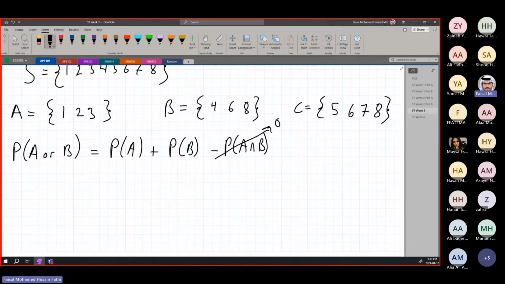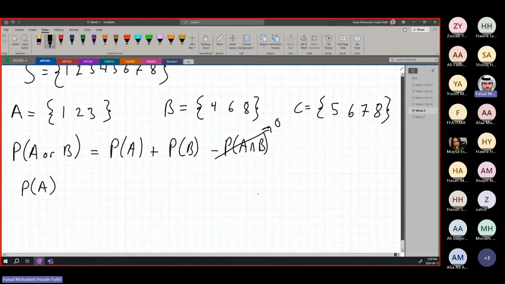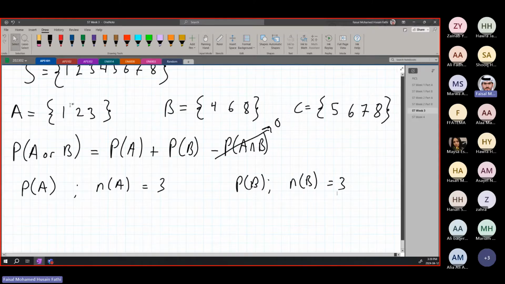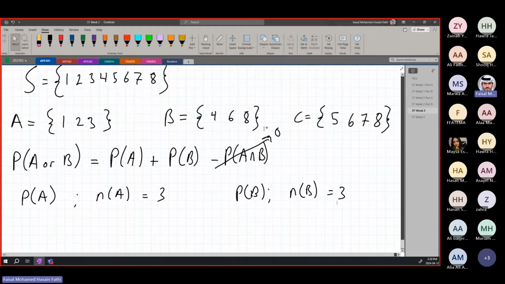Okay? So what is the probability of A? To find the probability of A, we have to first find the n of A. What is n of A? It's equal to 3. Again, what is the probability of B? First, we need to find n of B, which is also 3, because we have 1, 2, 3 chances of any of these happening out of this whole sample space. Okay, and then we have 4, 6, 8, which is 3 numbers out of this whole sample space.